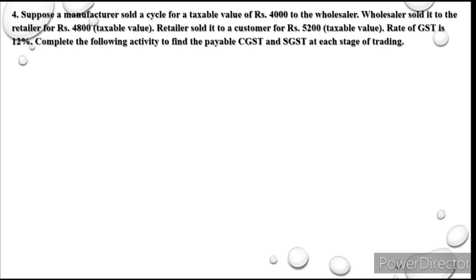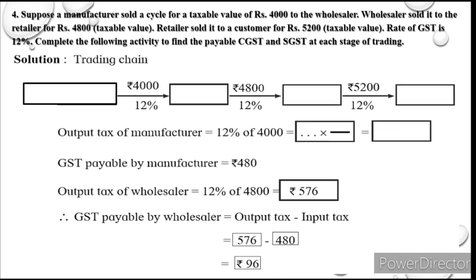All these, 4,000, 4,800, 5,200, are taxable values. Rate of GST on all is 12%. You have to complete the following activity and find out CGST and SGST payable at each step. So your trading chain starts from manufacturer, then wholesaler, then retailer and then customer.